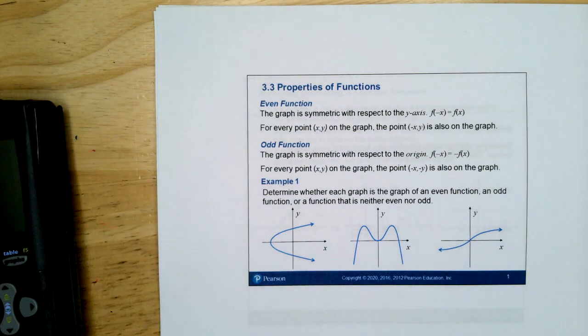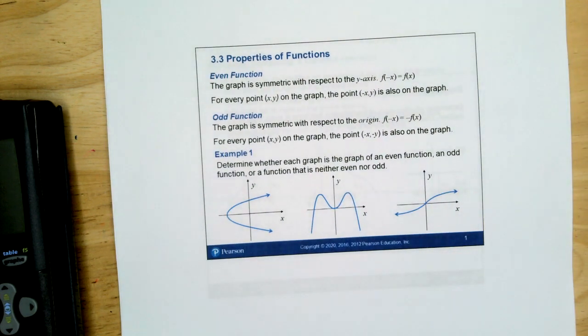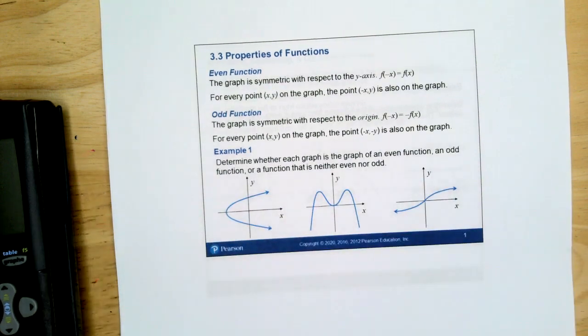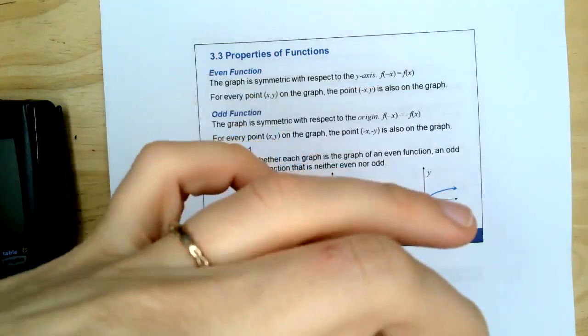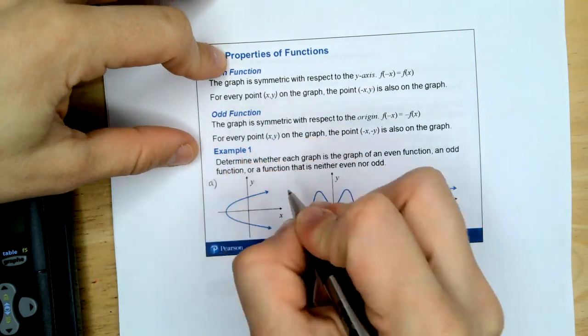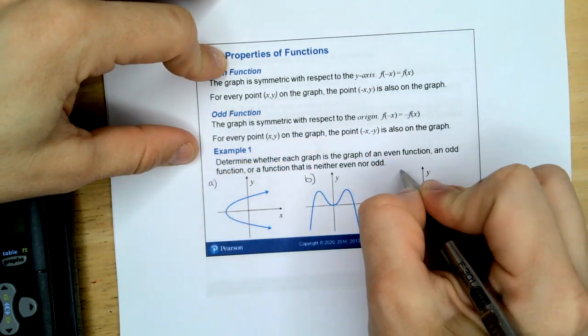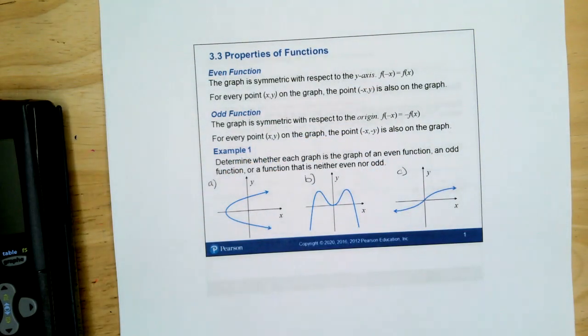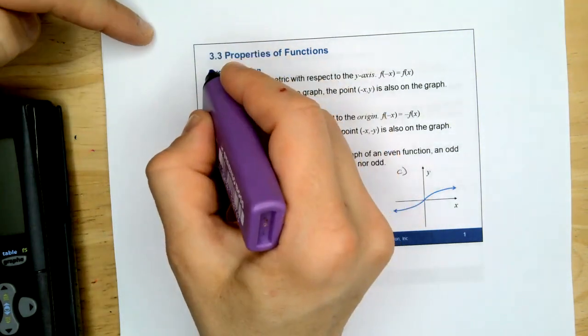All right, so let us begin with even versus odd functions. Here we have three functions. If a function is an even function, the graph will be symmetric with respect to the y-axis.